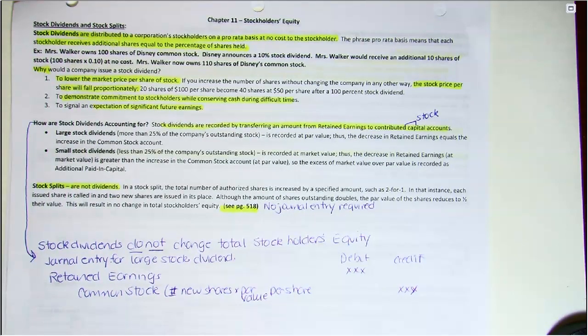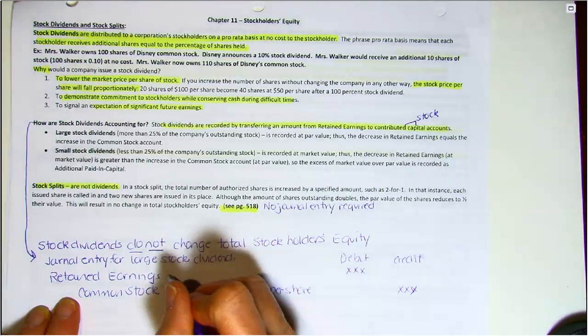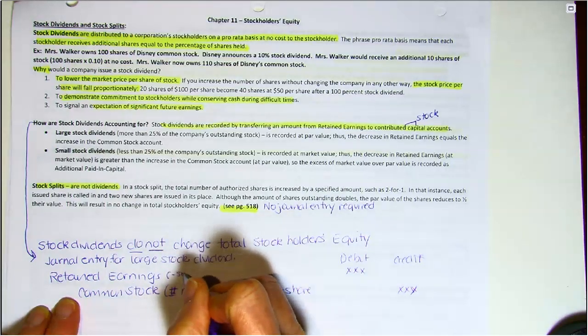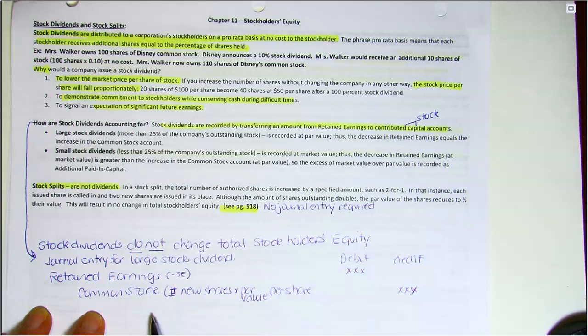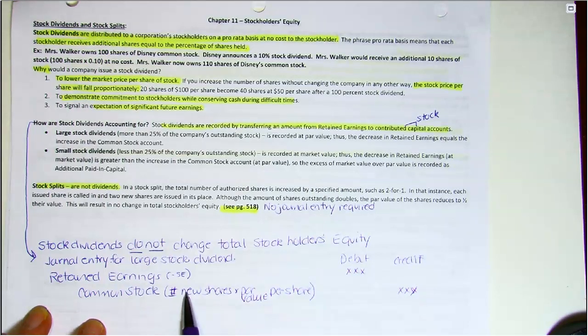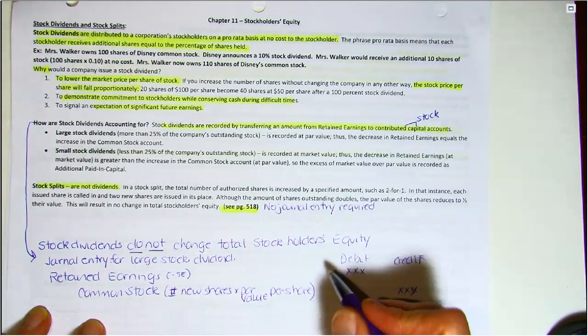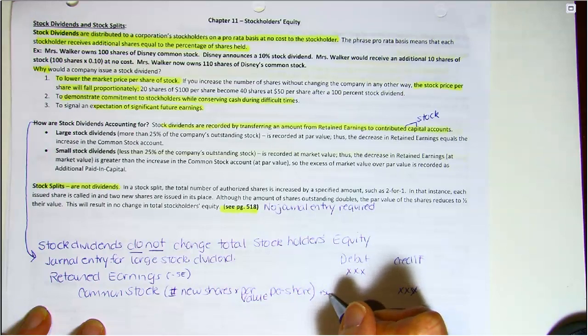For a large stock dividend, what we do is we multiply the number of new shares that will be given out to our stockholders times the par value per share. We will debit to reduce retained earnings, that reduces stockholders' equity, and we'll credit the number of new shares times the par value per share, which increases stockholders' equity.